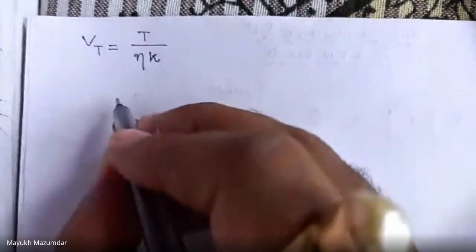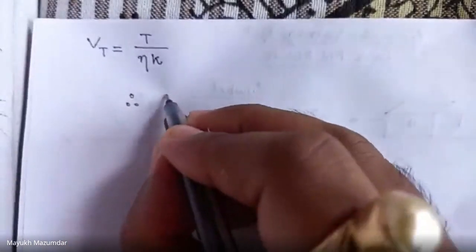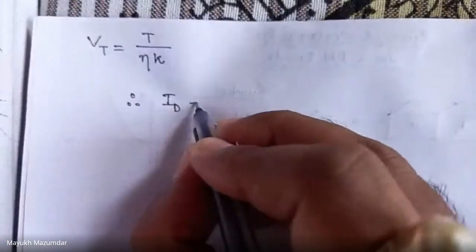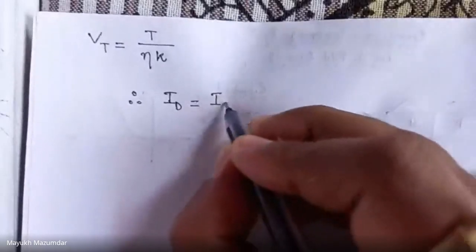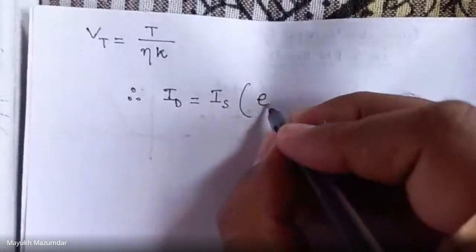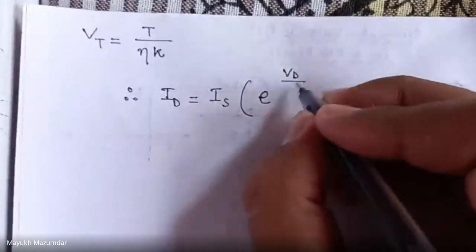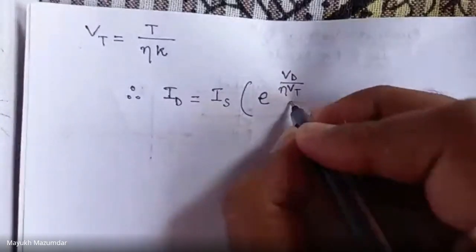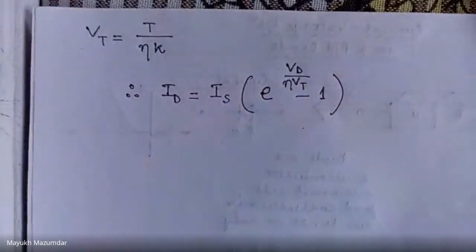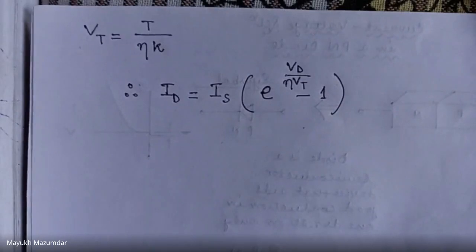Okay, anyways. So therefore, we can rewrite the equation like this: e to the power Vd by eta Vt minus 1. Just check with the equation that we derived earlier.